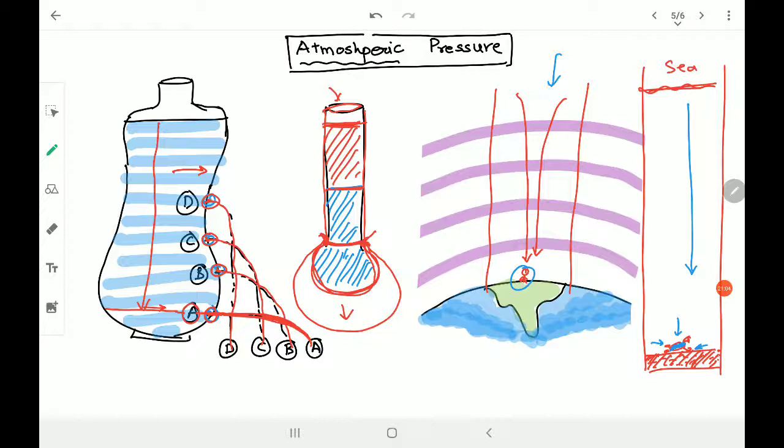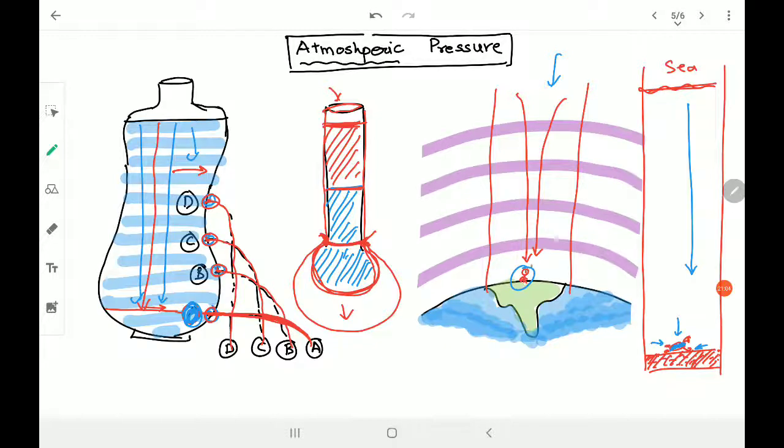The fluid pressure depends on the height of the fluid. If the height or depth is more, the pressure applied by the fluid also will be more, and that will be equal to the weight above that particular point. So at point A, how much pressure is there, it will be the weight of this particular object.